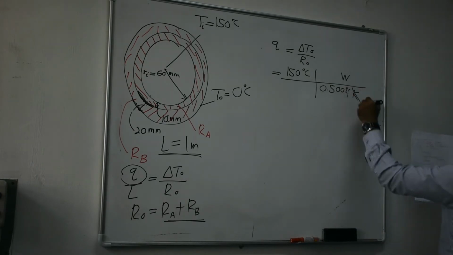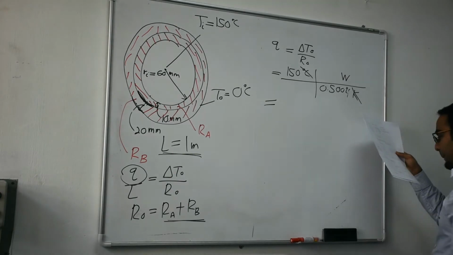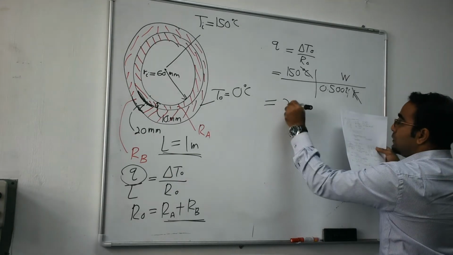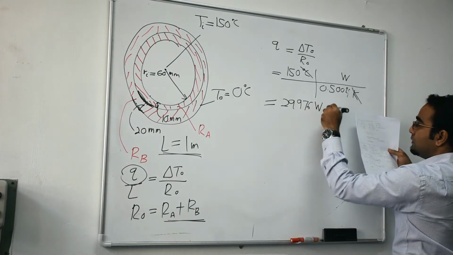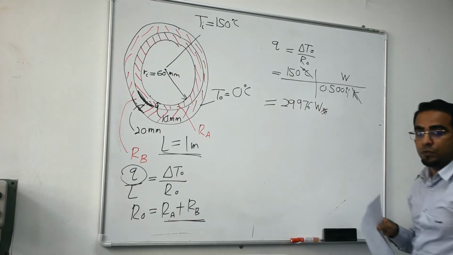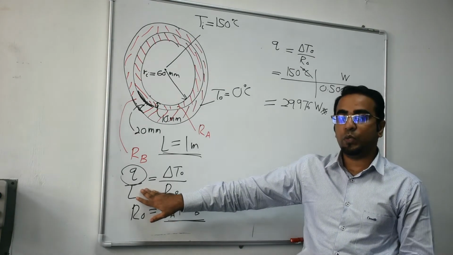So we can cancel out Kelvin and degrees Celsius and we get a value of 29976 watt.